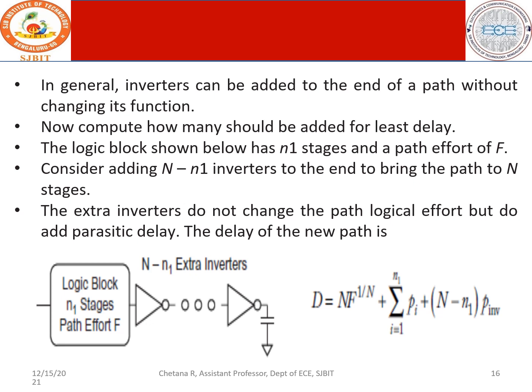The delay of the new path is calculated by this formula. The scope of the explanation is beyond this, and therefore we simply assume the final formula, which gives the delay of the new path, dependent on n, as n F raised to the power of 1 by n, plus the summation where i equals 1 to n1 of p_i, plus n minus n1 times the propagation delay of the inverter, p inverter.